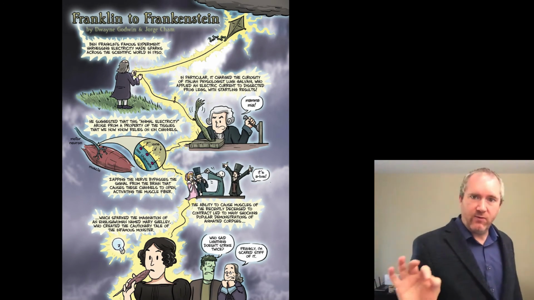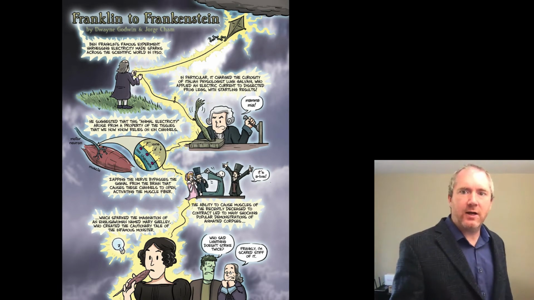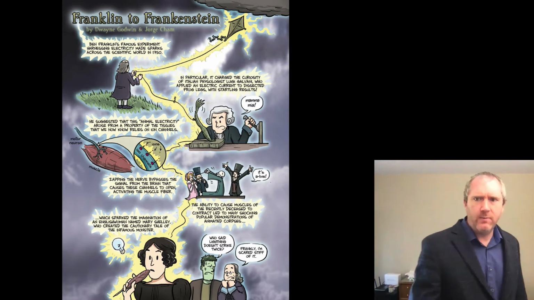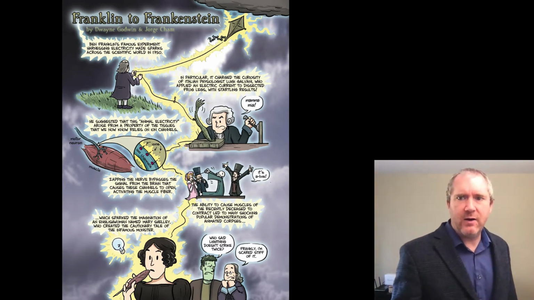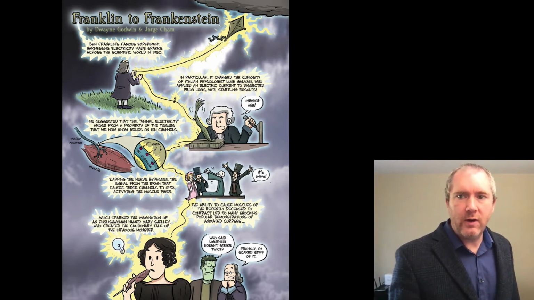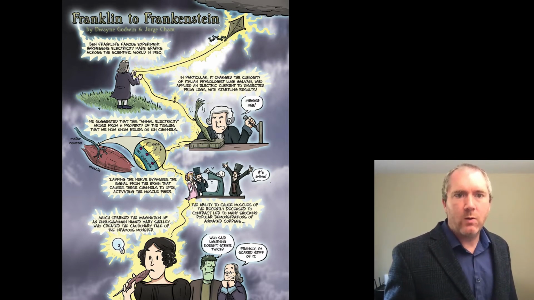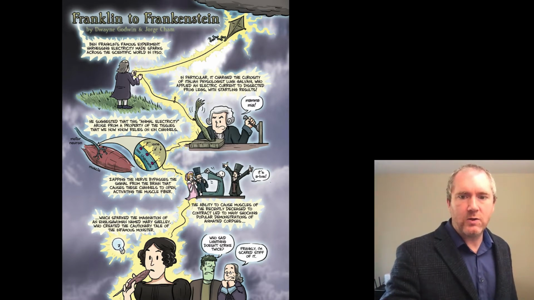Ben Franklin's famous experiment harnessing electricity made sparks across the scientific world in 1750. In particular, it charged the curiosity of Italian physiologist Luigi Galvani, who applied an electrical current to dissected frog legs with startling results. He suggested that this animal electricity arose from a property of the tissues that we now know relies on ion channels.